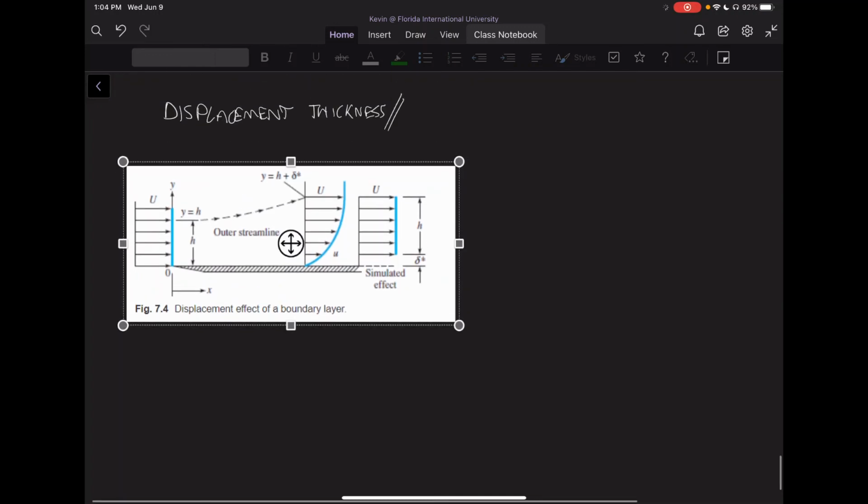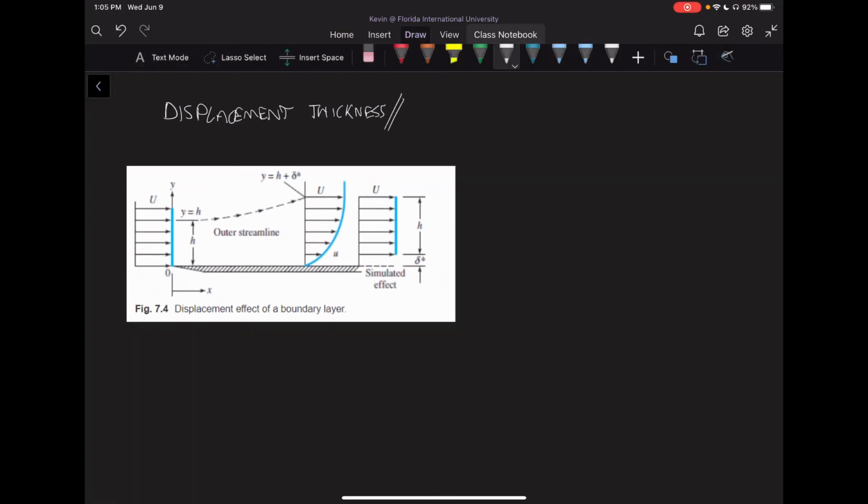Instead of trying to analyze our system and trying to find our u as a function of x and making it pretty complicated to analyze as we go along the path, what they actually figured out was that if we have a velocity u coming in to a flat plate at all the same velocity, they realized that as the flow came into the path, this height of the flow was actually going to increase as you went along the flat plate.